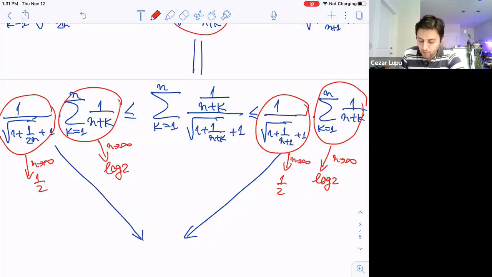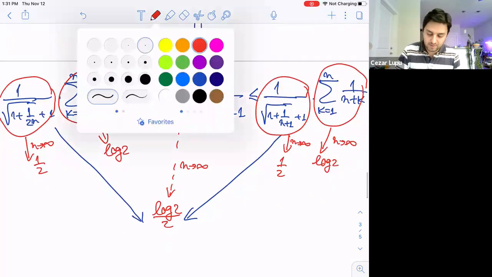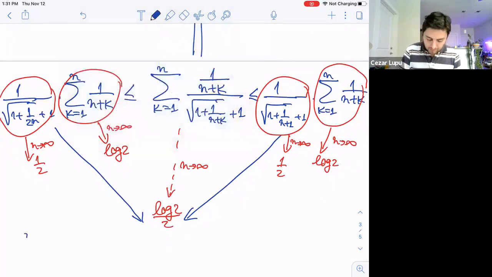Well, at this point, it's quite clear. So this will converge to log 2 over 2. And by the squeeze theorem, this will converge as well to log 2 over 2. You see? Or if you want, the limit as n approaches infinity of Bn is log 2 over 2.